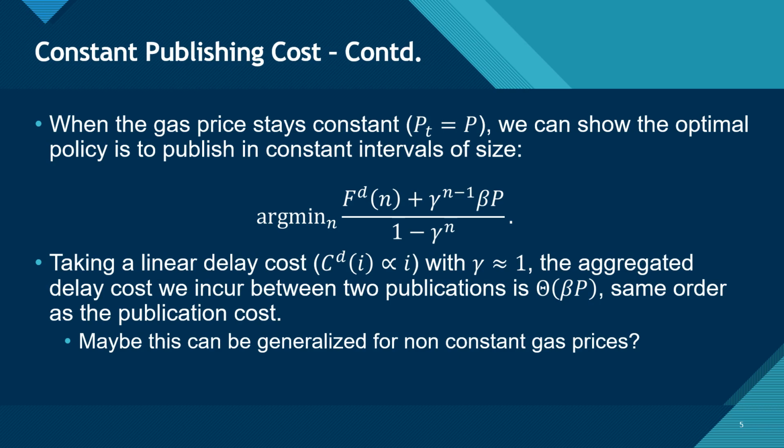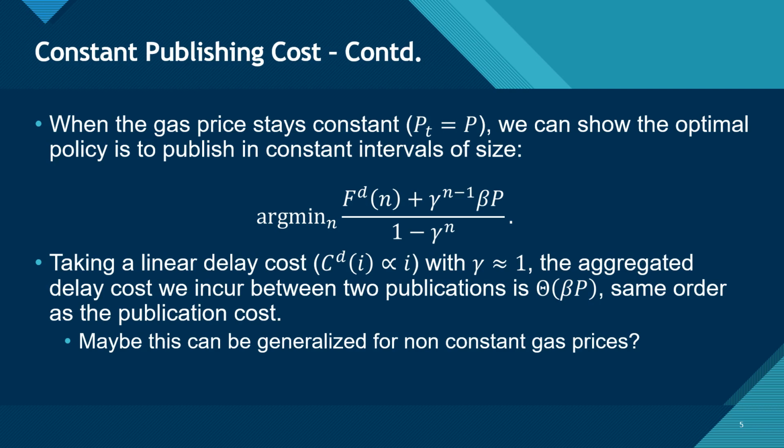Taking this into account and taking a linear delay cost as an example, which is how we like to model the delay cost of roll-up chains, we can see that the aggregated delay cost we incur between two publications is about beta times p, where beta p is the actual price, not in gas units, that we pay when we publish on the blockchain.